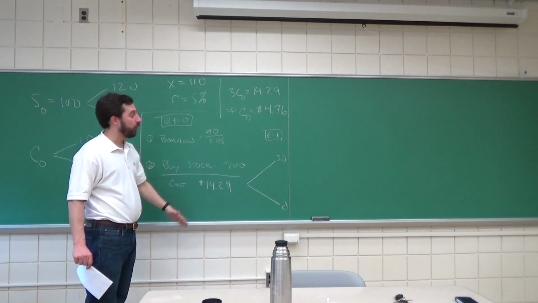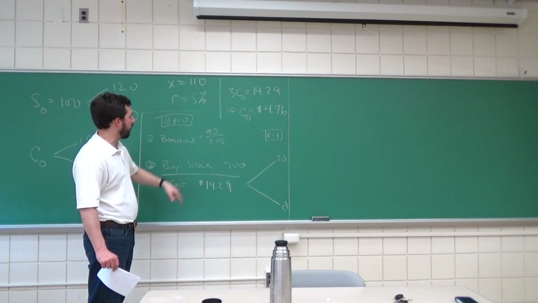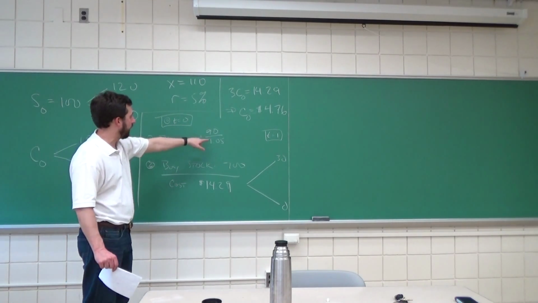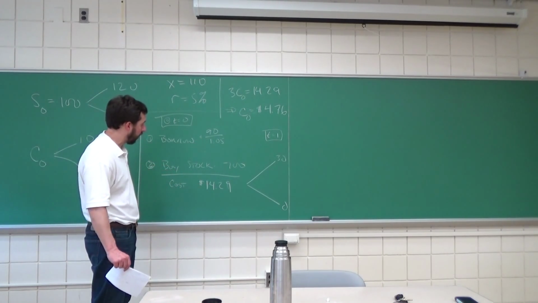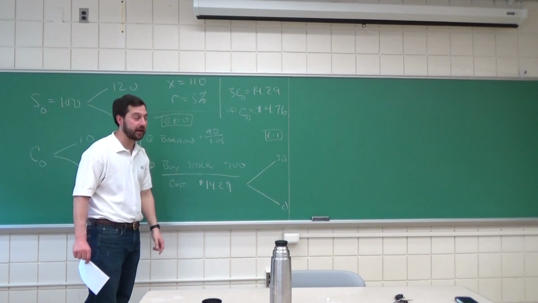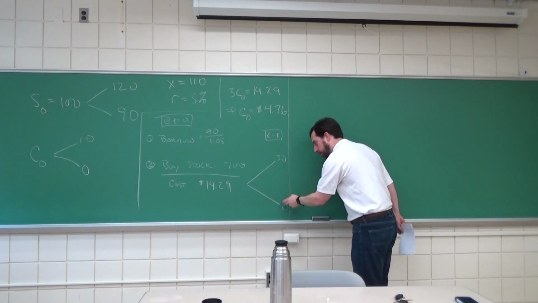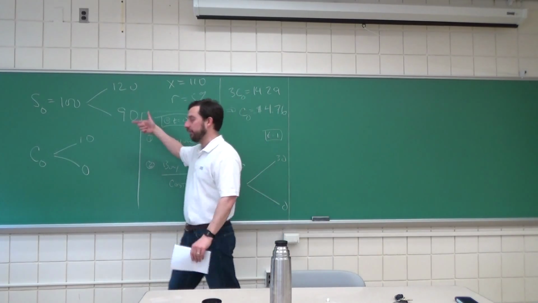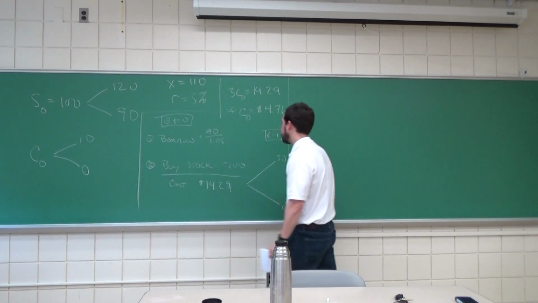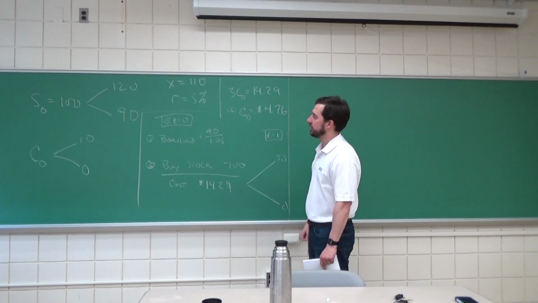We put this portfolio together, borrowing $90 at time 0 at the risk-free rate of 5%, and also buying stock. This portfolio cost us $14.29 at time 0. At time 1 the portfolio was worth either $30 or $0, so this portfolio is equivalent to 3 call options. Hence, each call option is $4.76.